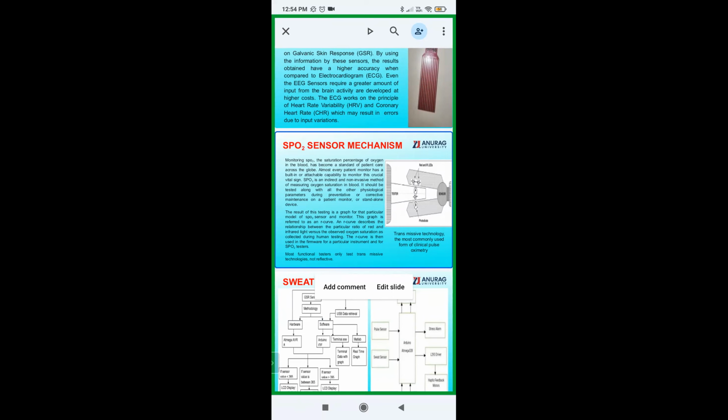Depending upon the values of the R graph, you can determine the amount of oxygen present in the blood of the person. That result we can deploy to a machine learning algorithm, random forest, wherein we determine 0 for no stress and 1 for high stress.